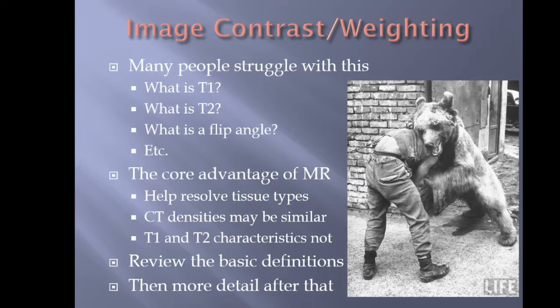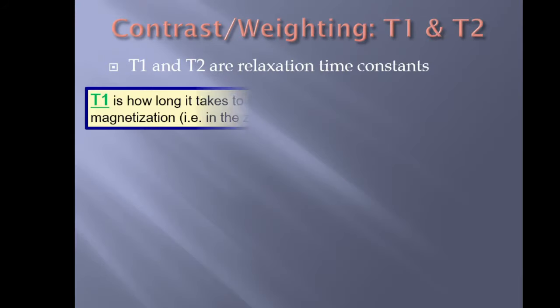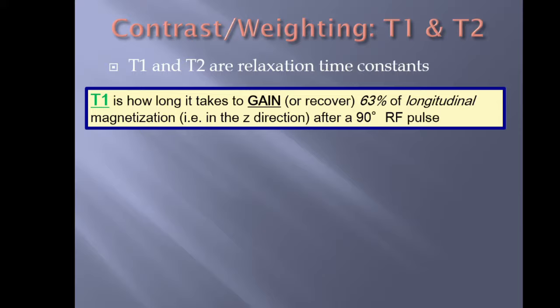So, all right, let's review the basic definitions and then go into a little more detail after that. Okay, T1, remember, T1 is a time constant. That's all it is. It's measured in seconds or milliseconds, and it's the amount of time it takes to gain 63% of longitudinal magnetization in the z direction after a 90-degree RF pulse.